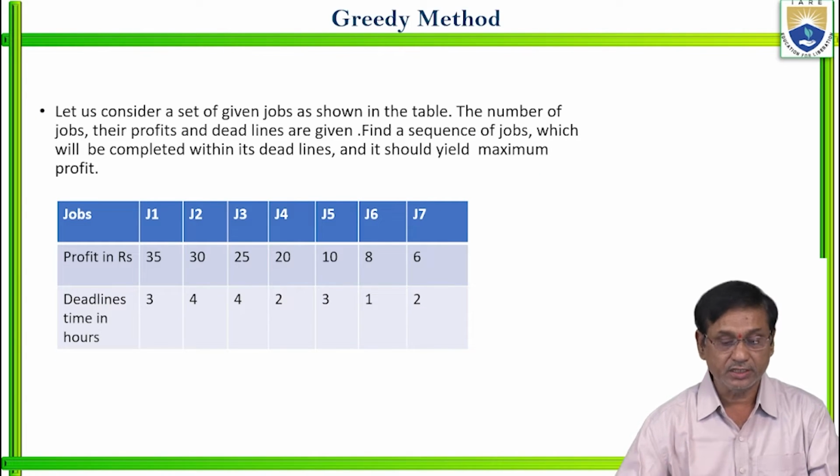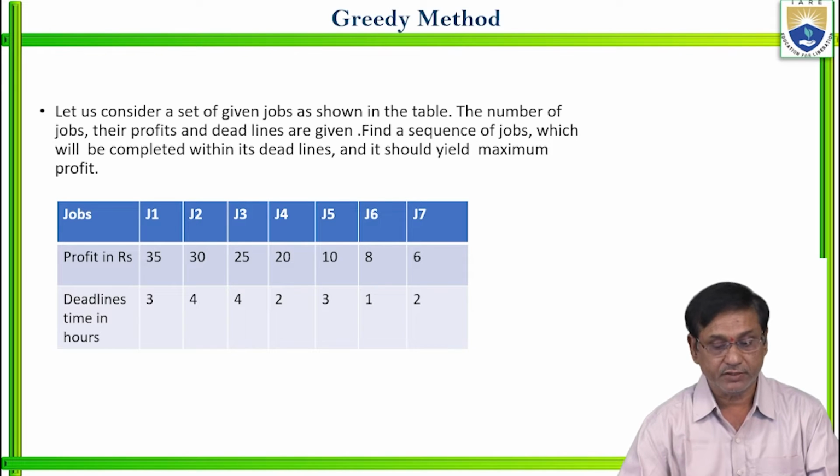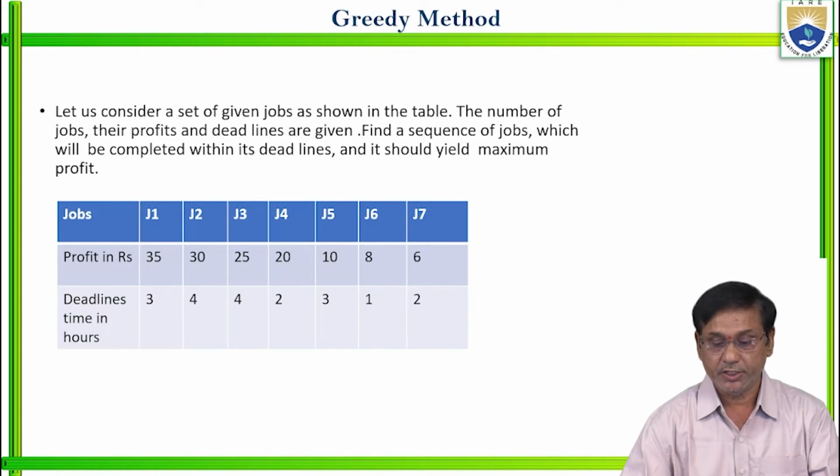Now, consider another problem. Let us consider a set of given jobs as shown in the table. The number of jobs, their profits and deadlines are given. Find a sequence of jobs which will be completed within its deadlines and it should yield maximum profit.